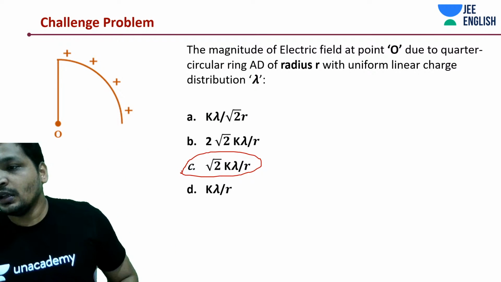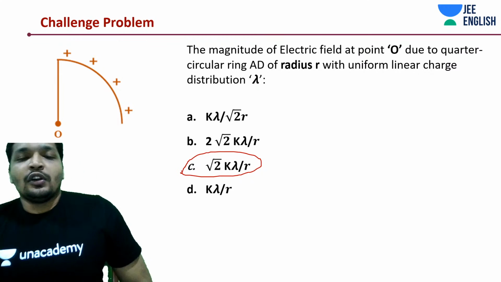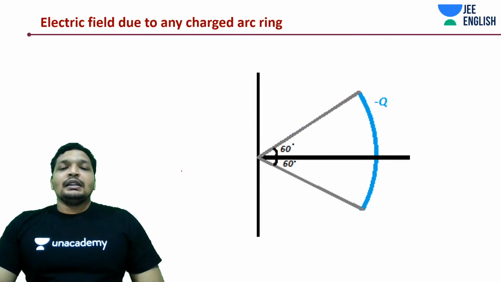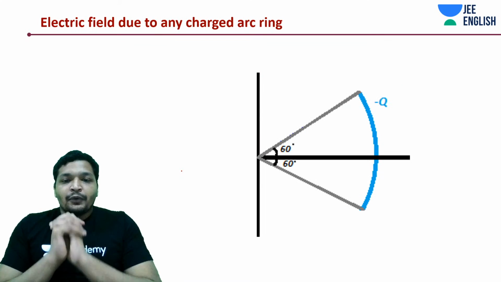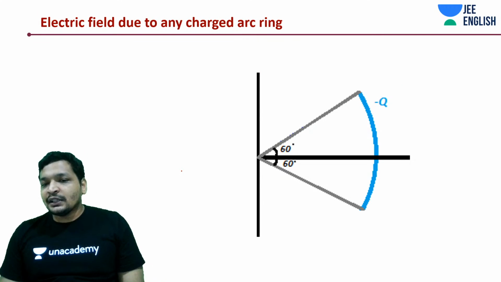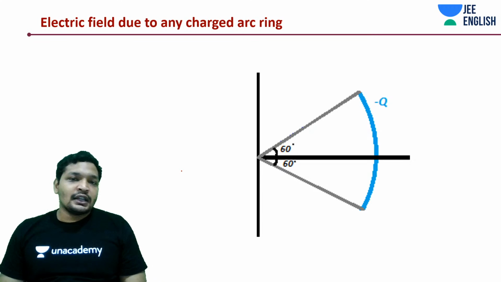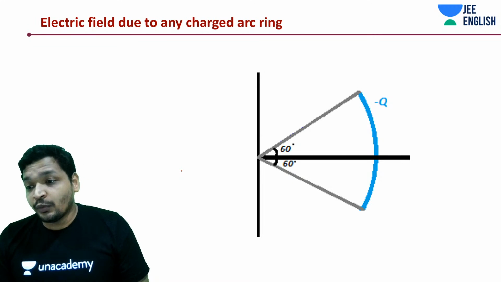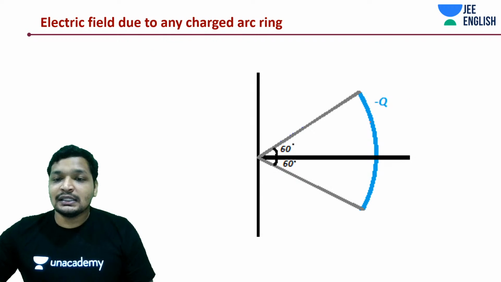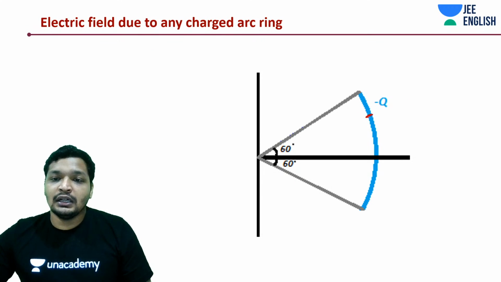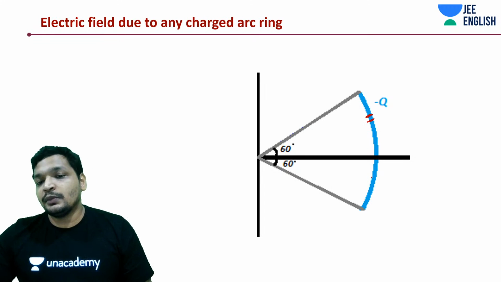Alright, so let's move on to the next concept. Before that, I'll show you a small thing. Given any arc, how do you solve the problem? Generally there would exist a symmetry. If there is no symmetry, you'll do what we did now. Let's say your arc is at 60 degrees and 60 degrees. This is just for your understanding. There will be symmetrical components.